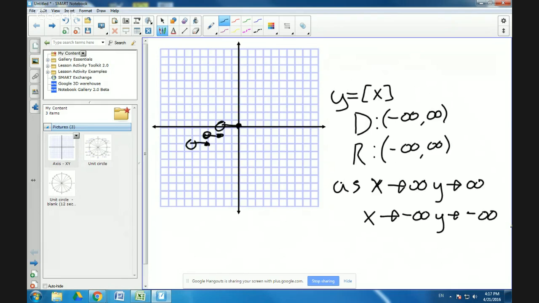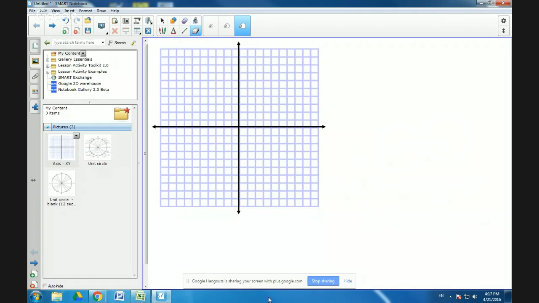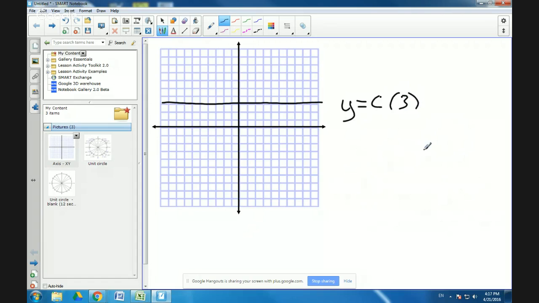And the last graph I have to show is called a constant graph, and it looks like this. What we have is y equals c, or in this case on the graph, y equals 3.